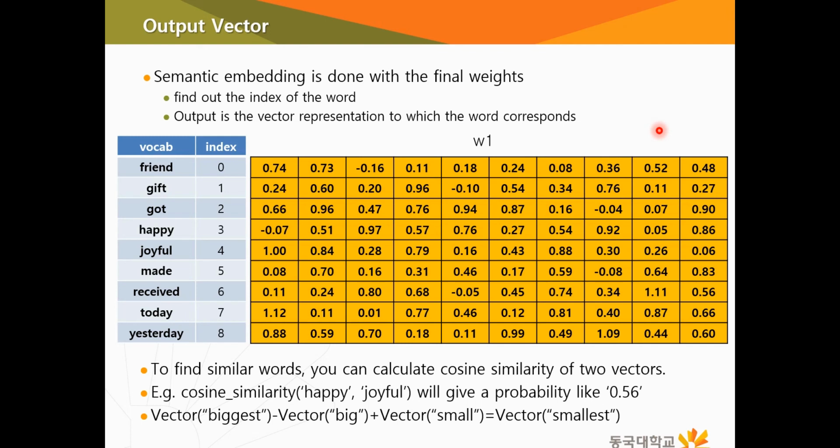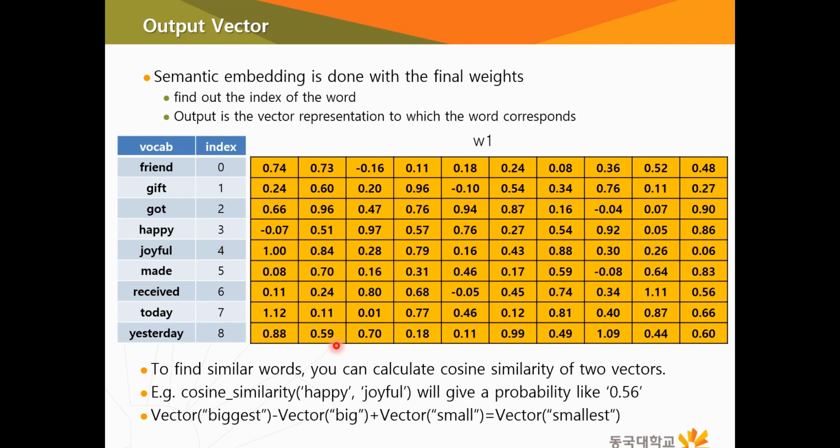Finally, we are given the output vector W1, which are the updated weights of the initial vector that we had initialized with the uniform distribution. To get the vector of the corresponding word, for example, friend, you get the index of the word friend, which is 0, and you find the vector at index 0 of the weight vector W1.